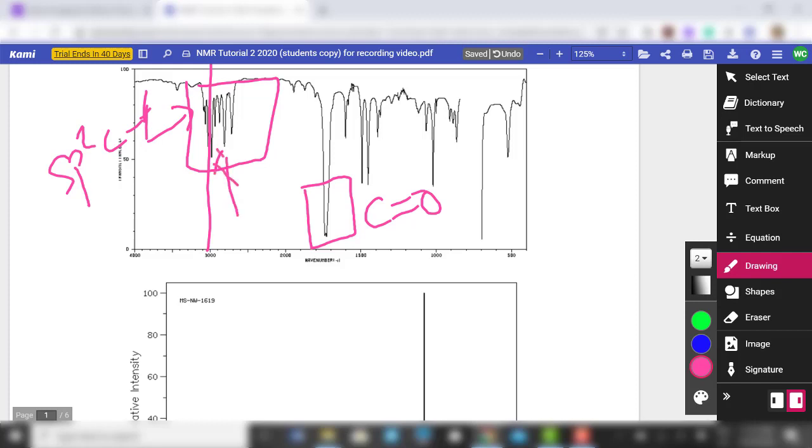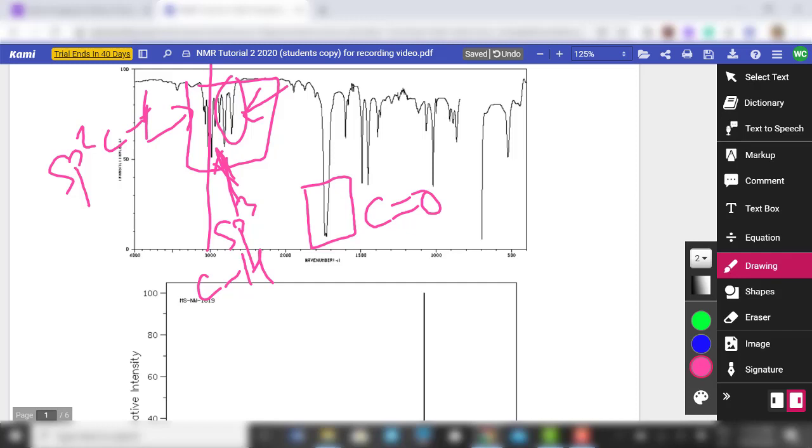Then somewhere over here is our usual sp3 C-H stretch. Not very inspiring, but most compounds have sp3 C-H anyway. But if you stare a little harder at this interesting peak slightly below 2900, you'll notice that it is pretty characteristic of an aldehydic C-H stretch.